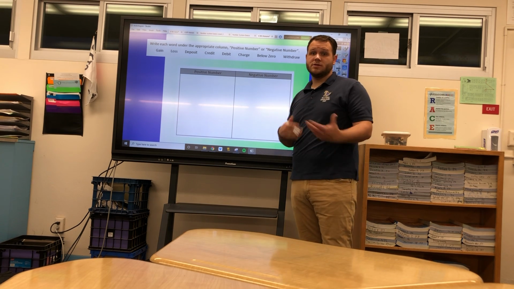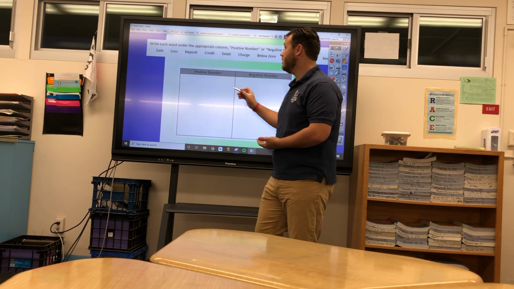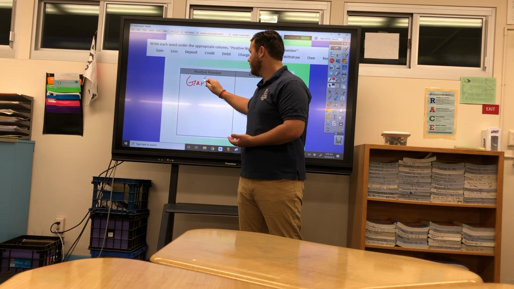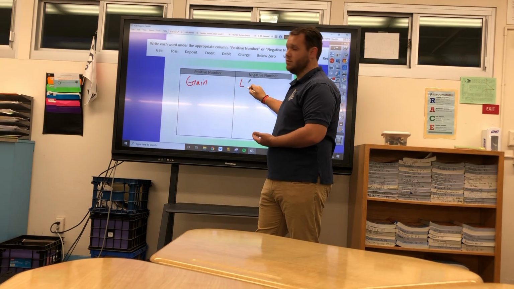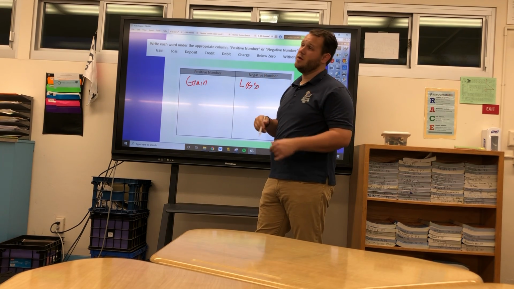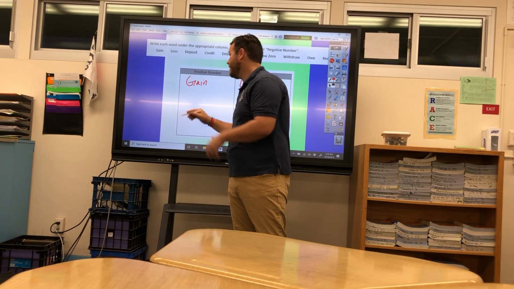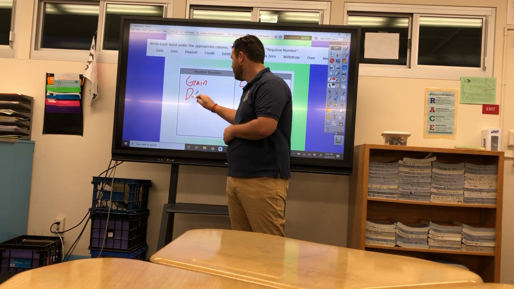Okay, these are some words that we came up with. When we're talking about a word like gain, that's probably a positive number. A loss, probably negative. Deposit's tricky. When we deposit money into a bank account, we're actually putting money in there, so it's going to be positive.